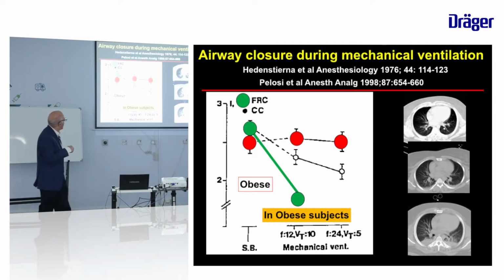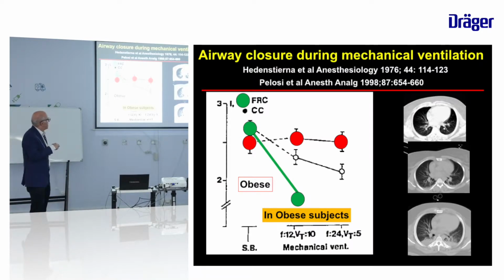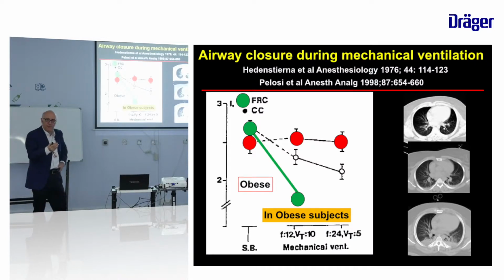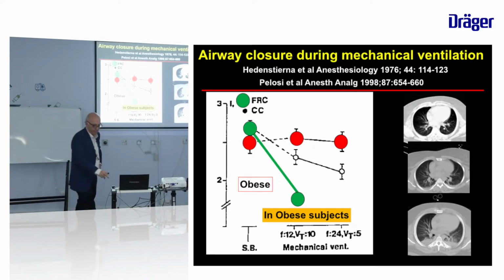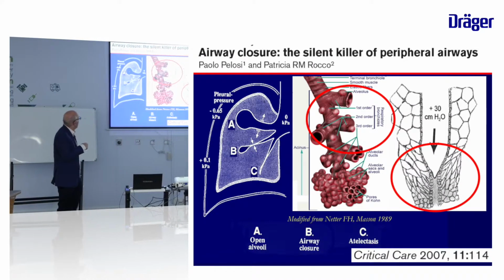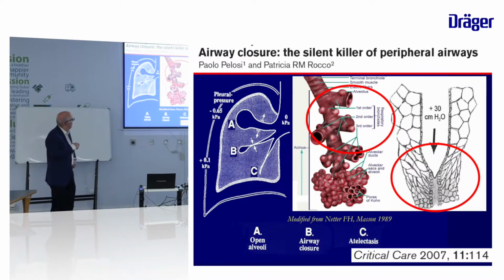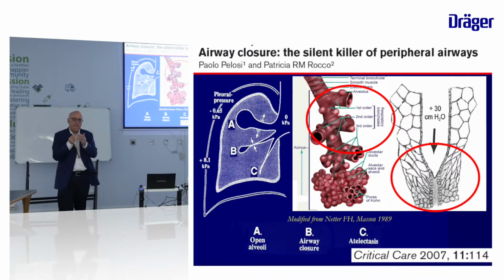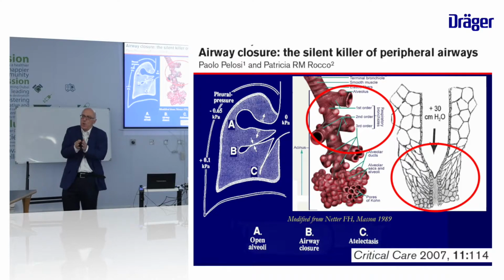And in obese patients, there's an even much higher difference between closing volume and FRC. What does it mean? That we have three areas: well ventilated, atelectatic, but also this area of closing volume. These areas are the areas in which the peripheral respiratory bronchioli collapse.